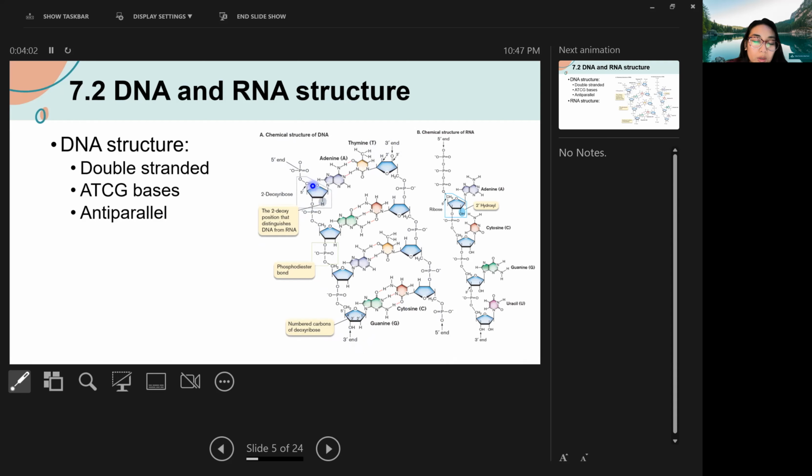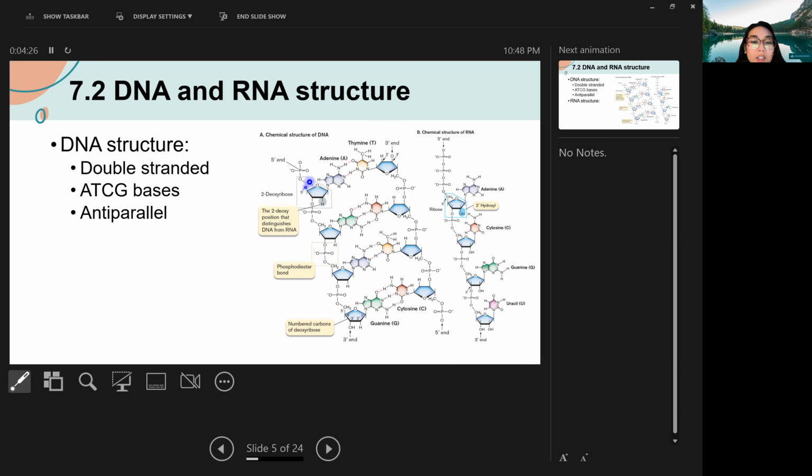So if we're looking at the ribose sugar, in this case, deoxyribose, on this DNA, this is the 3 carbon, and this is the 5 carbon. This is the 3 carbon. This is the 5. So we call this the 5' end, and then this is the 3' end. And then the other strand goes in the opposite direction. So that's why we call it anti-parallel, because they're going in opposite directions.